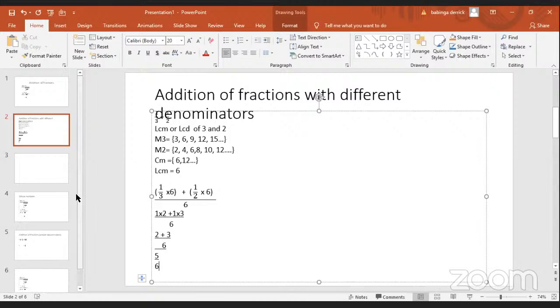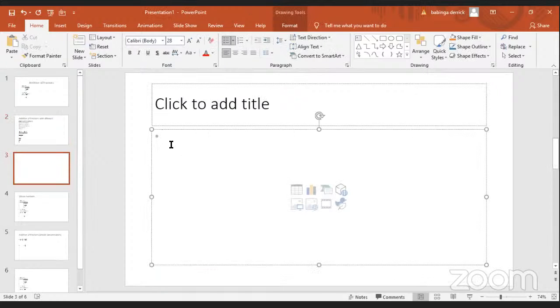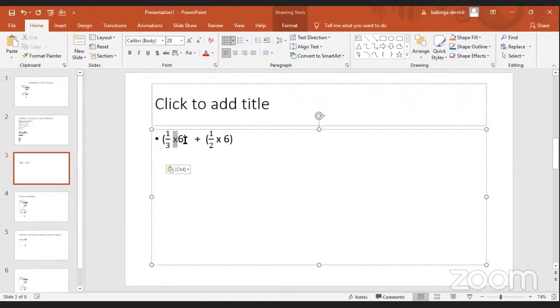Then we also have another method, and let us also see how it works. So for this one here, this is how it goes. This is method 2.